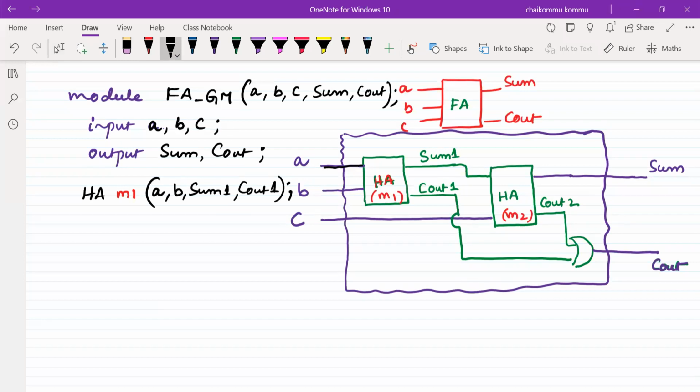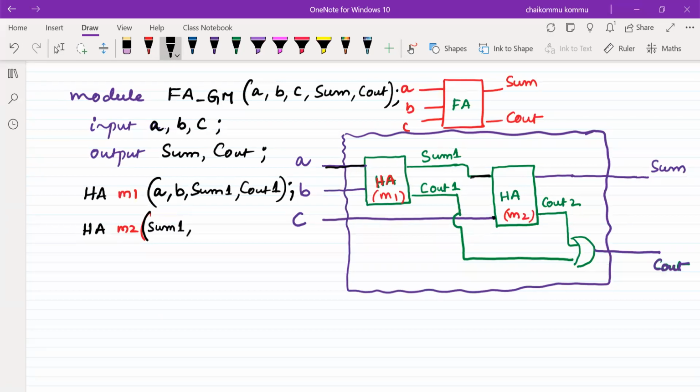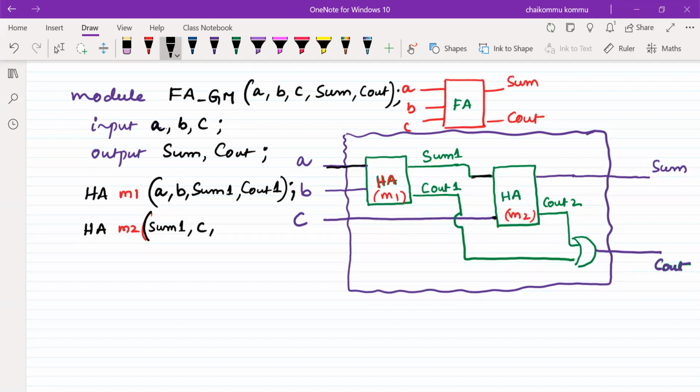This is the first module. Similarly, I need to write for the second module. HA. The name of the module is M2. What does the second module say? M2 input is sum 1, right? What is another input? C is directly coming from outside.